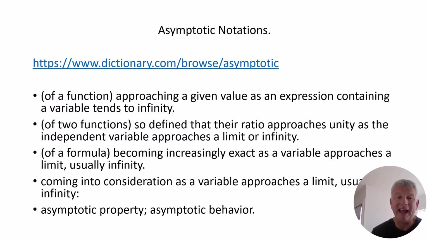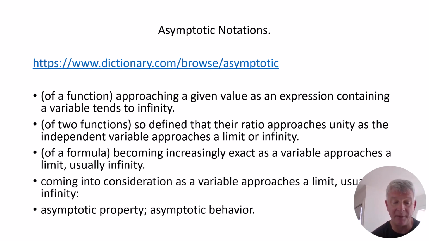All right. Asymptotic notations. You can look it up. A function's approach given the value of an expression containing a variable tends to infinity. Of two functions, so defined that the ratio approaches unity as the independent variable approaches the limit. Of a formula becoming increasingly exact as the variable approaches the limit, usually infinity.